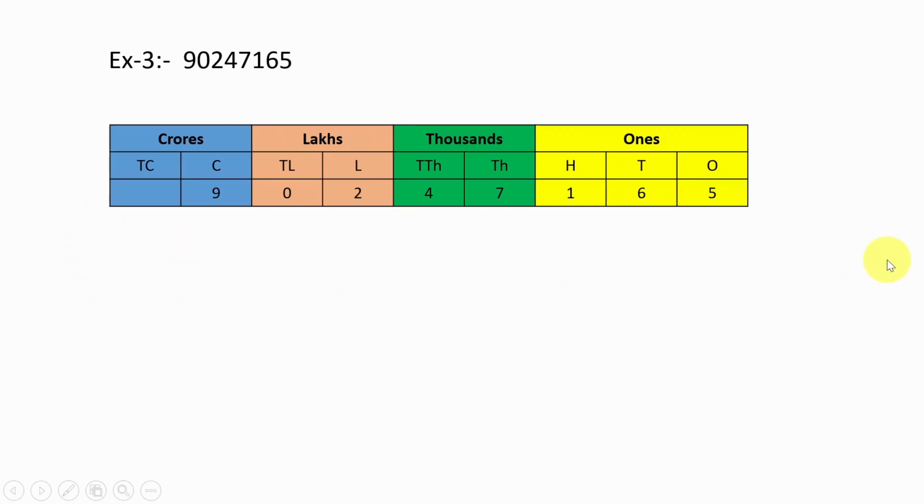Now these numbers you know very well how to place. Now tell me how to insert commas in this number. First, after the first 3 digits we have to place a comma.